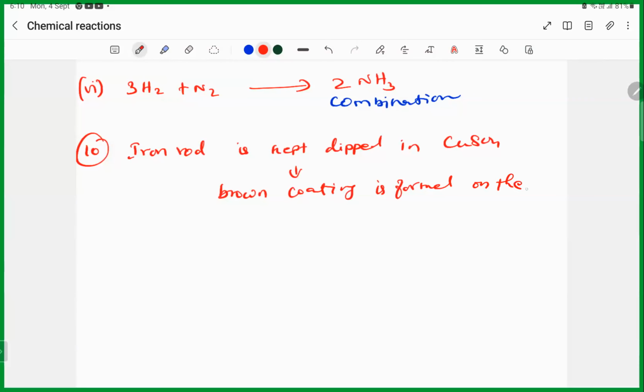What change will be observed in the color of the solution? Write the chemical equation for the reaction involved.